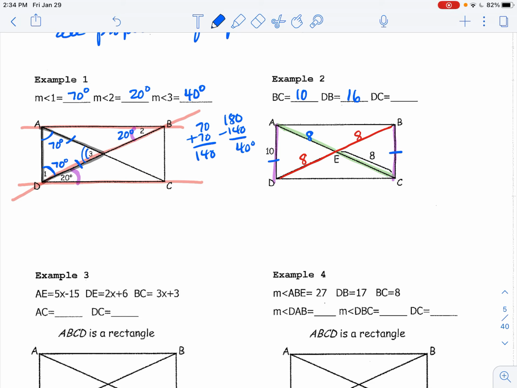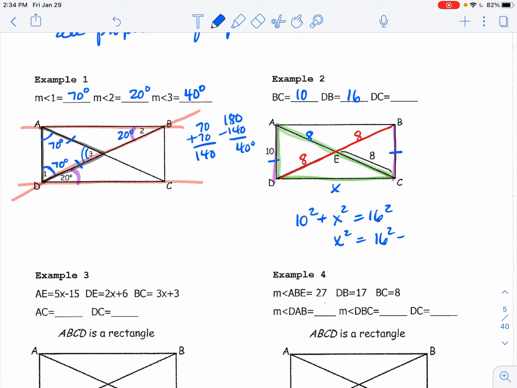I think we're just going to have to use our good old-fashioned Pythagorean theorem. So let's take a look at this triangle here I've highlighted in green. I've got the short leg is 10. I've got the hypotenuse is 16. This is what I'm trying to solve, so I'll just identify that as an x. So 10 squared plus x squared is equal to 16 squared.